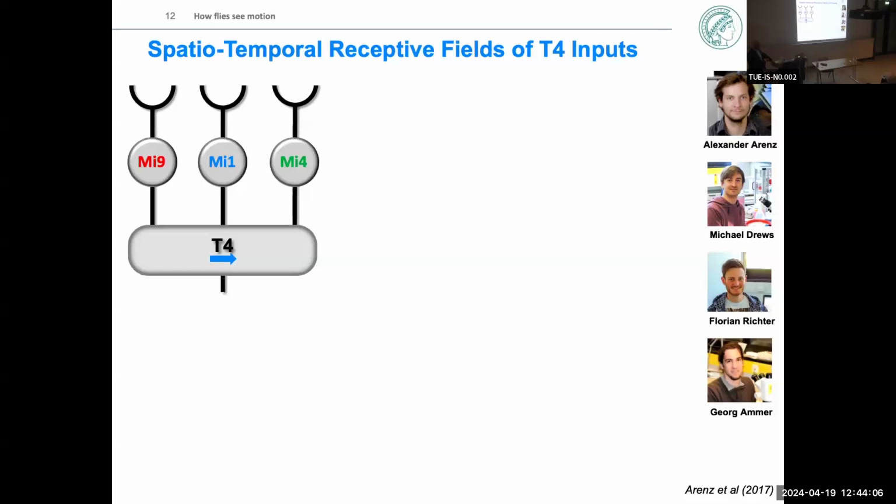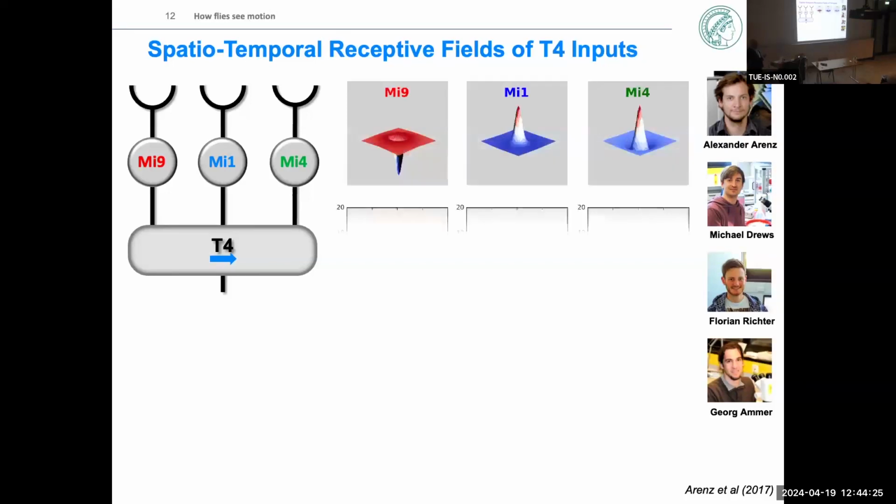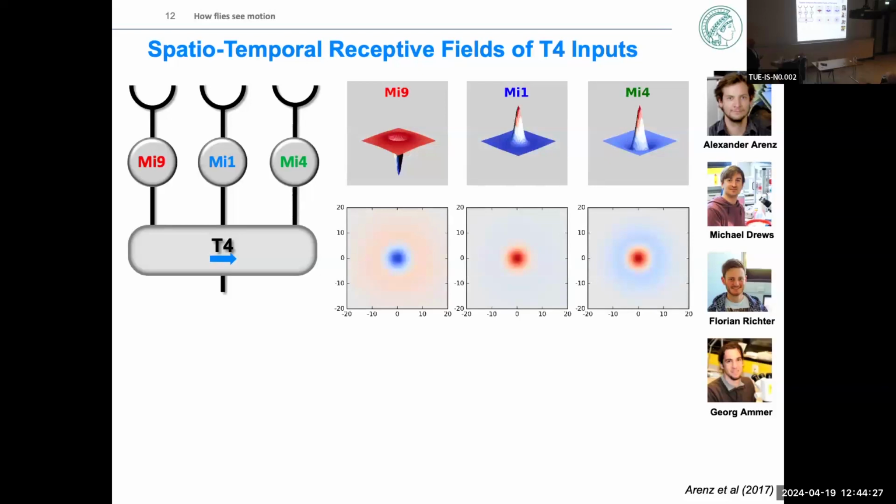So a couple of students in the lab and postdocs then did calcium imaging to study the receptive field properties of these cells, and they used white noise motion and then did reverse correlation to extract the spatiotemporal receptive fields and then fitted linear filters to it. And this is what they look like.